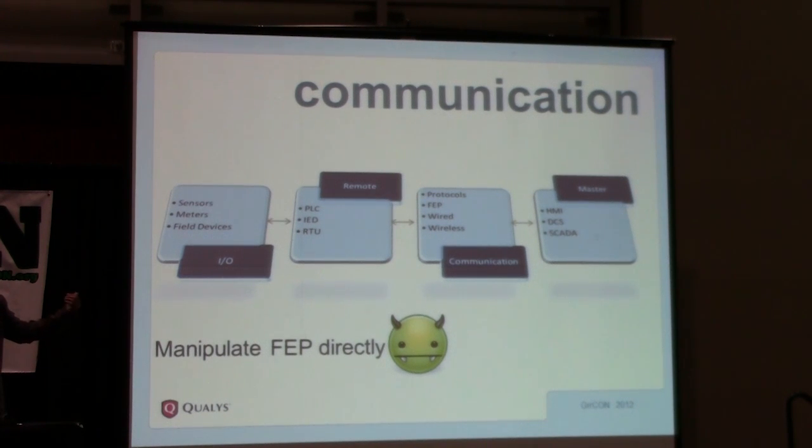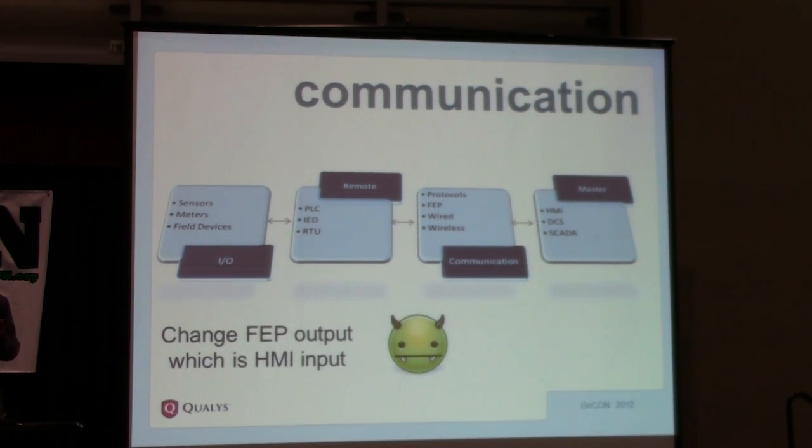So he or she can manipulate the output from the FEP so that the control center gets to look at a different picture than what the reality is. So basically, change the FEP output, which is input to the last component, the human machine interface component.